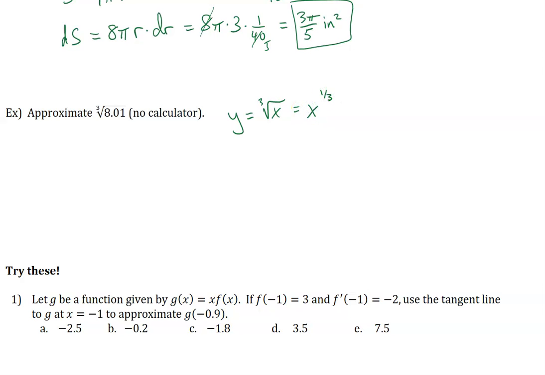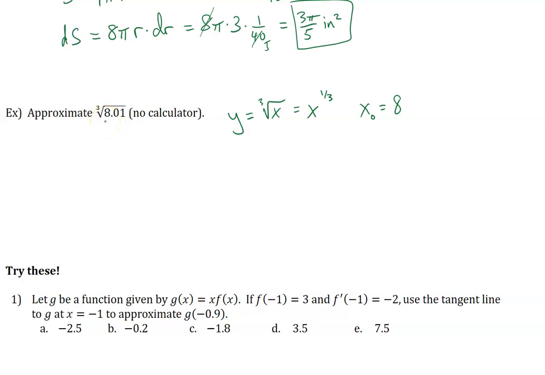And then for our starting point, let's pick something where we know its value. Well, we know the cube root of 8 is 2. That's an easy cube root, okay? So let's say that x sub 0 is equal to 8. The cube root of that is 2. And I'm picking 8 because it's close to that.